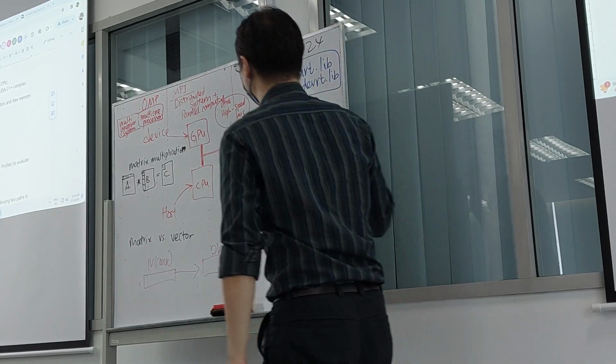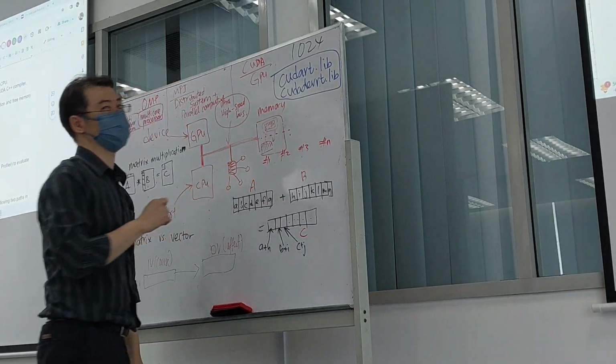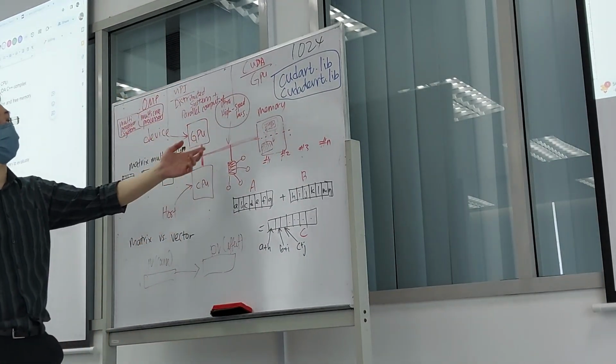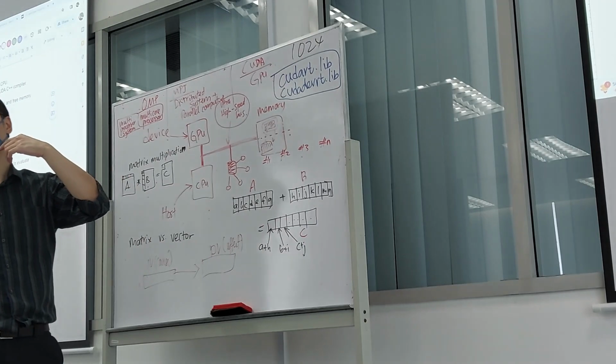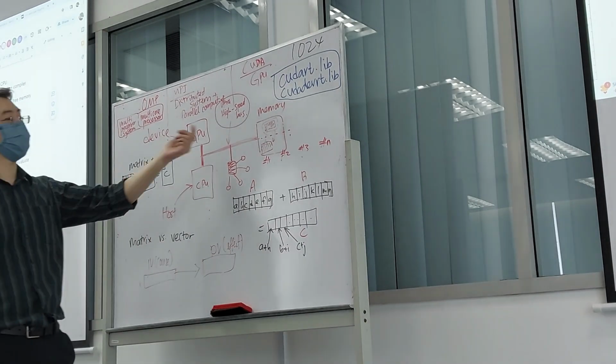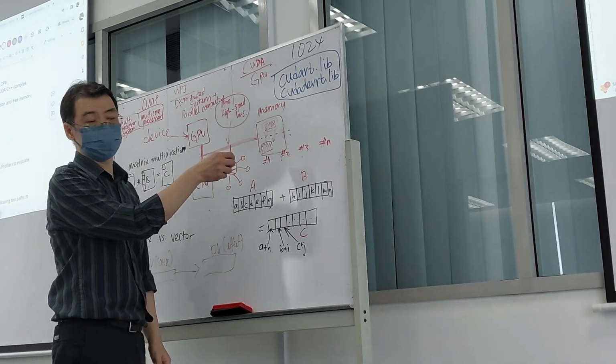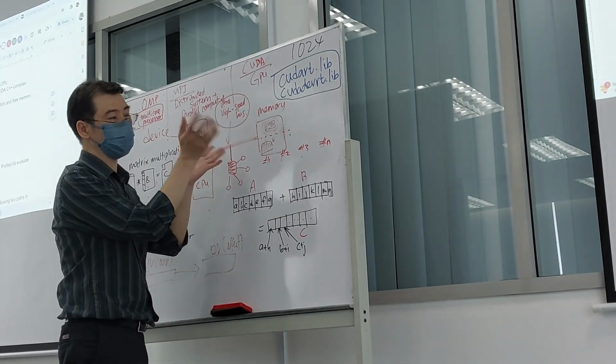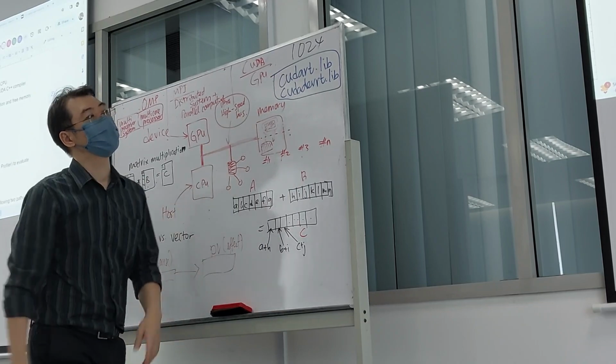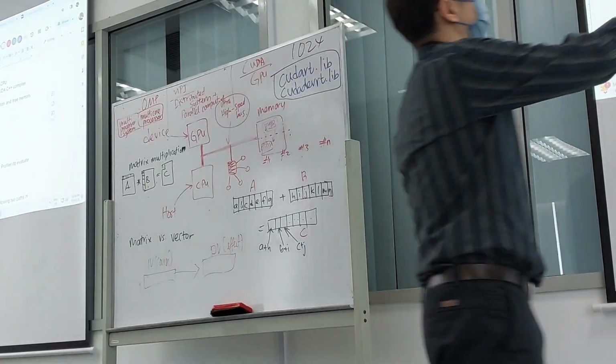But before you copy it over, you need to allocate memory first. Why do you need to do that? Because on the GPU you can also have multitasking. You can run multiple programs, the same thing as CPU. So you need to allocate memory so that nobody touches it, and then you copy it over. So that is the first step.